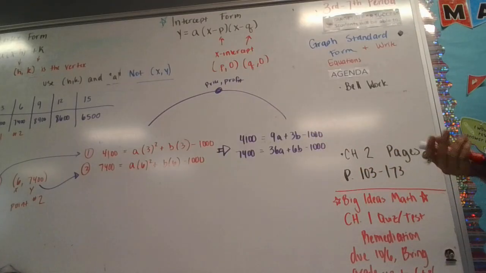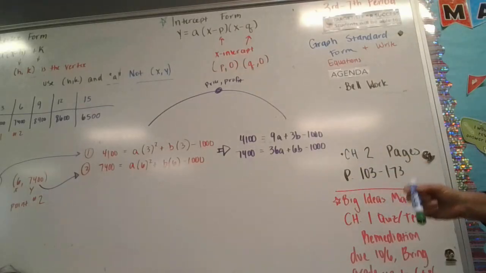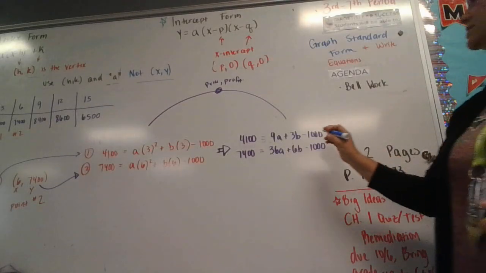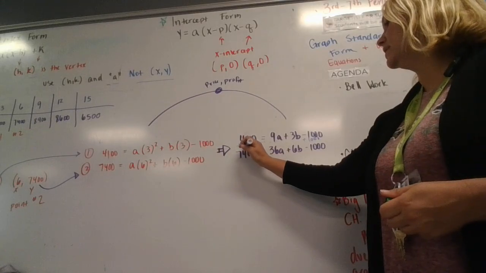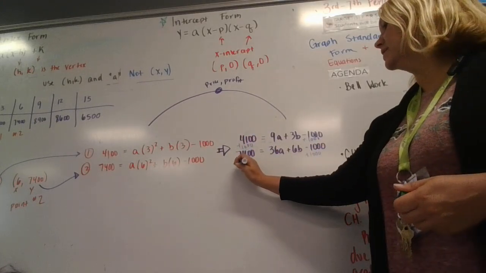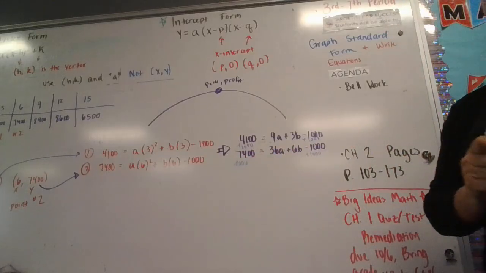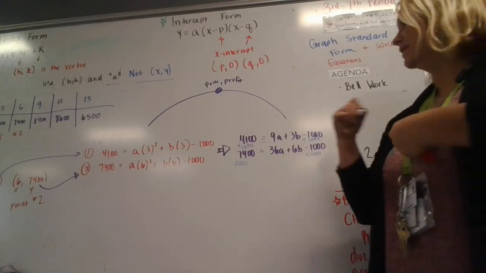You good with that? That's how the book shows it. A lot of students like to just jump in, but just like the book did, we're going to add 1000 here and here to simplify these. And then the equations are shorter. There are only 3 parts to them.